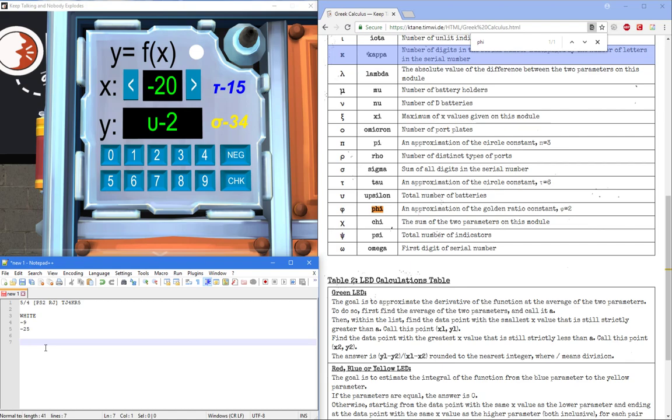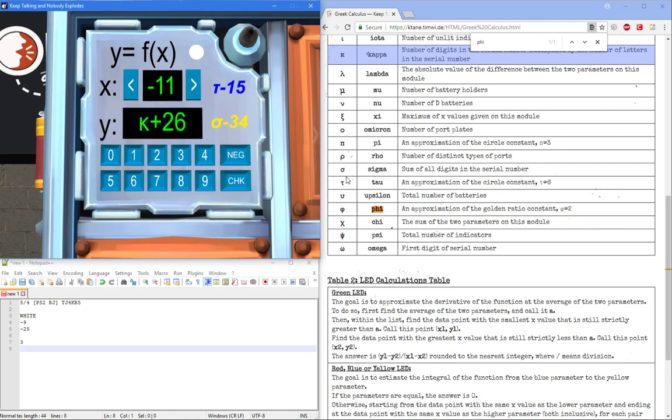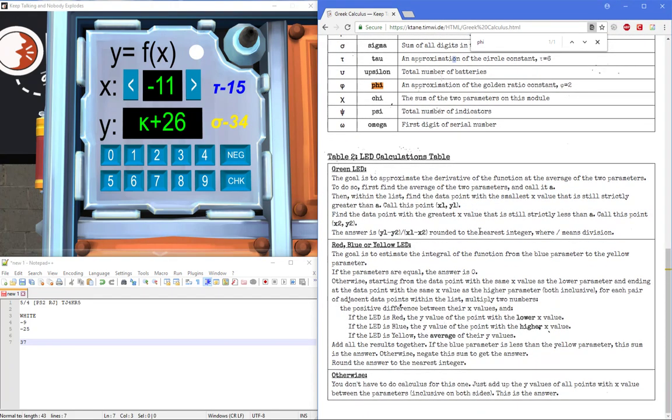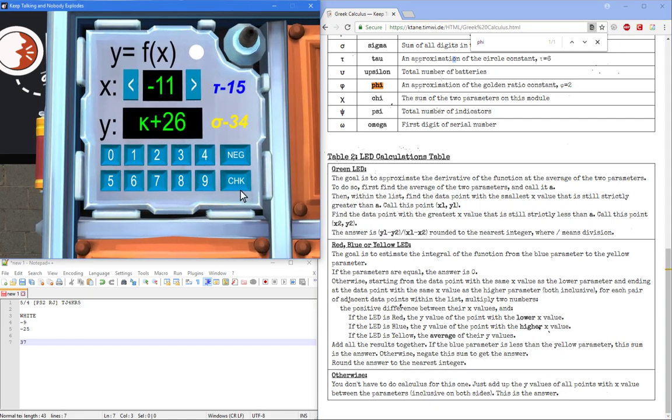We have 5. Minus 2 is 3. Plus kappa plus 26. Kappa is that. 8 plus 26 is 34. Add them all up makes it 37. So I'm guessing 3, 7 check.